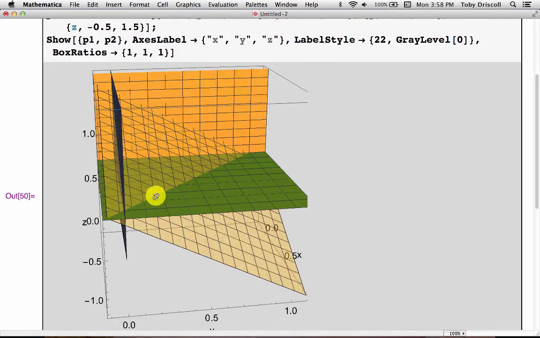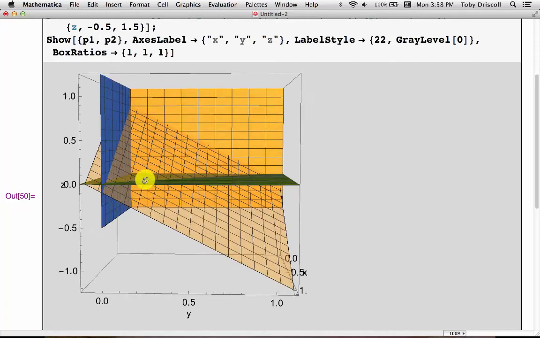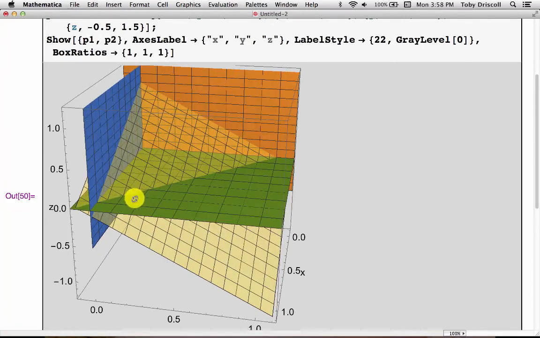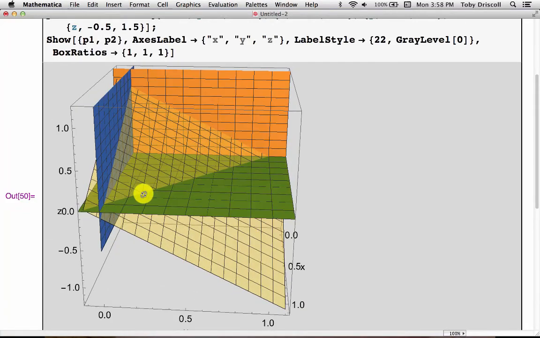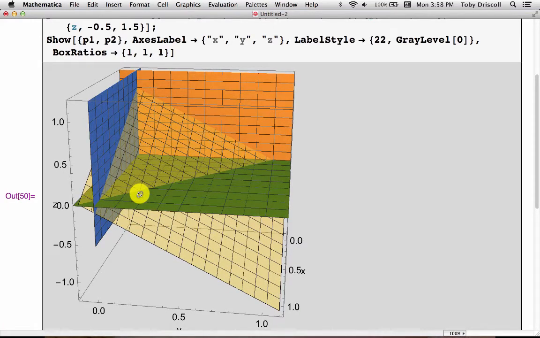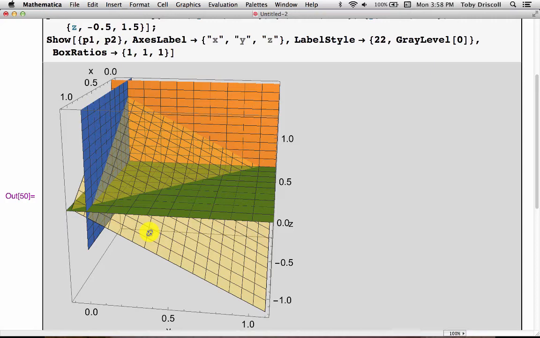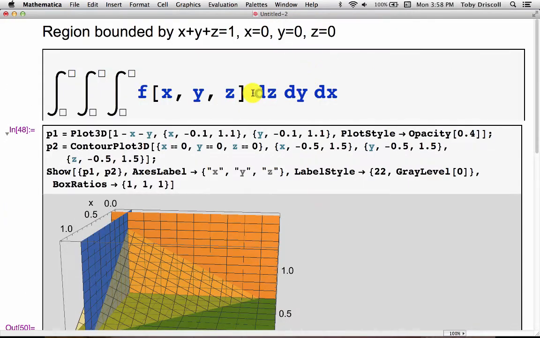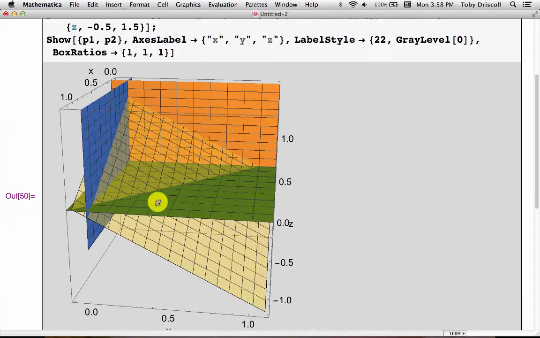So we can spin this around and take a look at it. You can kind of see that inside the area, the volume that we're integrating over is a tetrahedron, okay, 4-sided solid. And if we're going to integrate with respect to z first, then that means we imagine lines going up parallel to the z-axis.